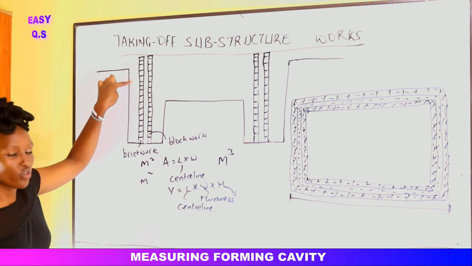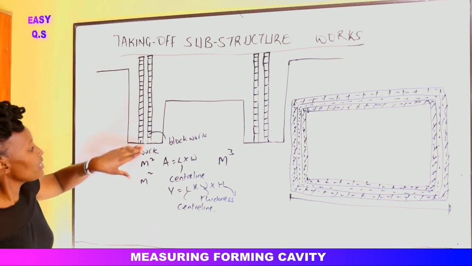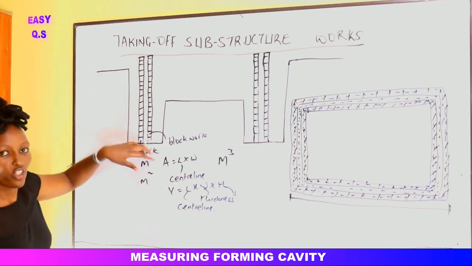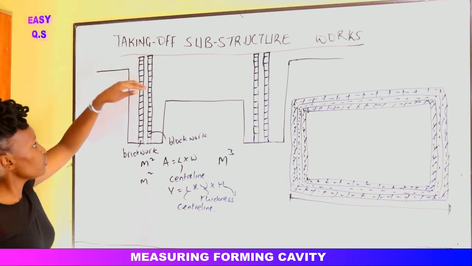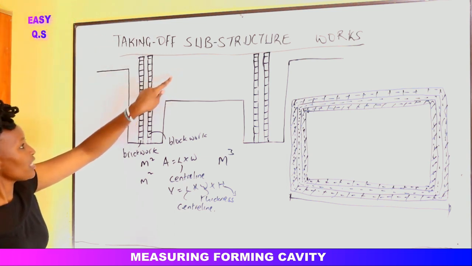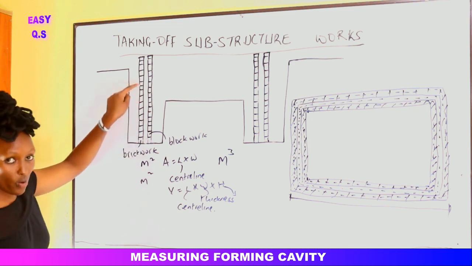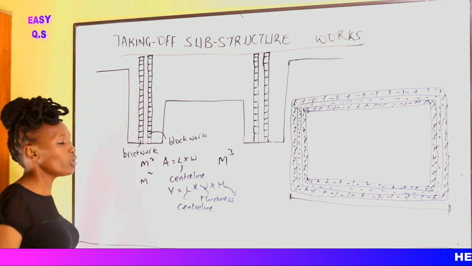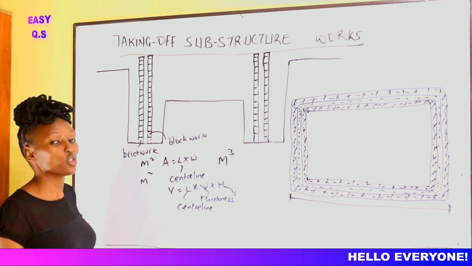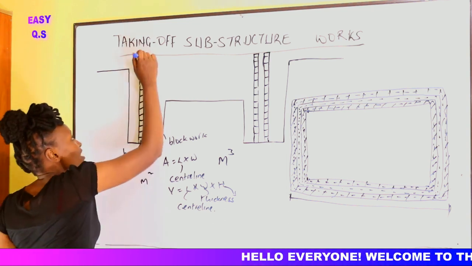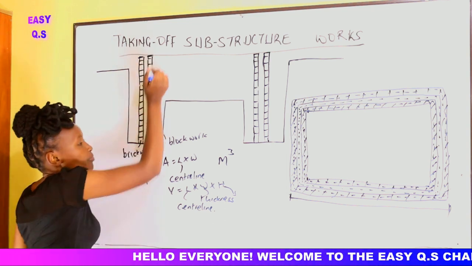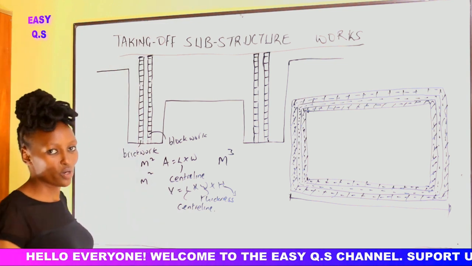The concrete doesn't go into the wall. The wall starts from the foundation and goes up to the top. So what we do to prevent water from the foundations going up the building is place the DPC on top of the wall, then we continue building the superstructure walls.